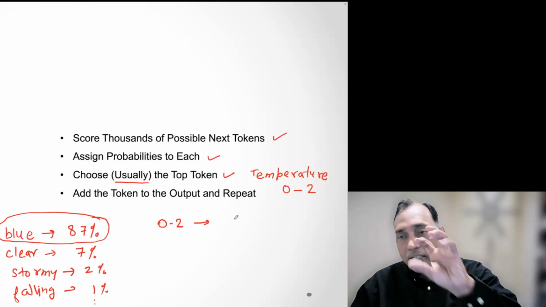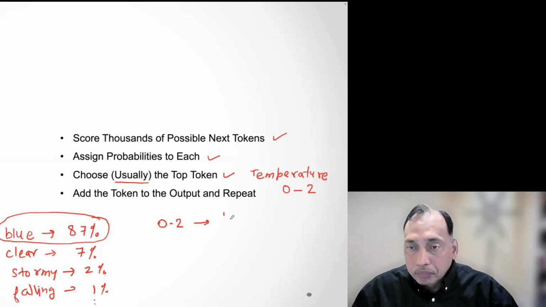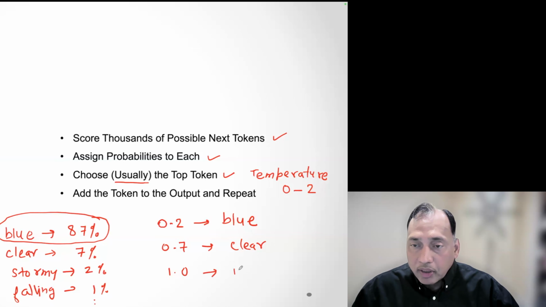Every time, if you have set it at 0.2, it will give you the next word as blue. But if the temperature is set closer to 1, next time it may give you clear, or even the first time it may say clear. Or it may come out with something more creative, like "the sky is in gold", something like that.